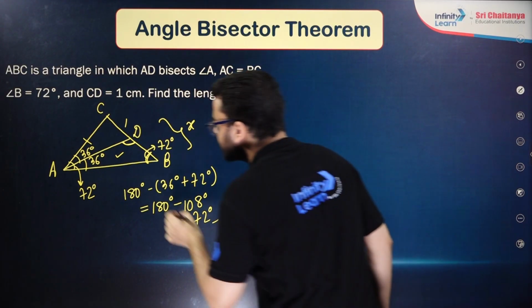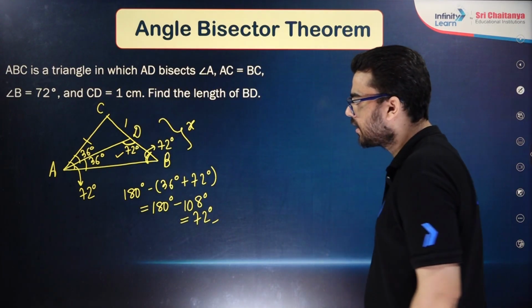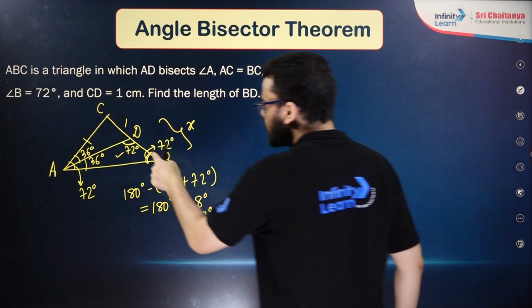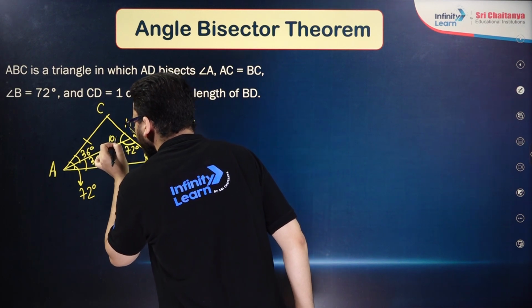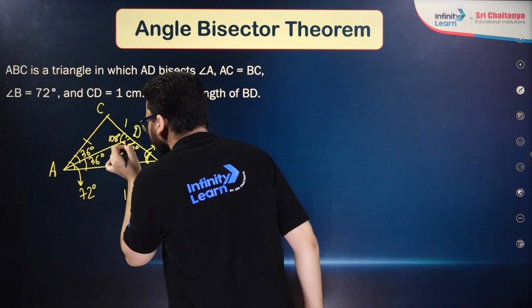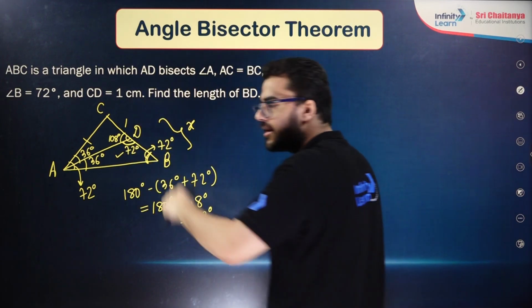So this is 72 and this is 72. Now if this is 72 over here, this angle will be 108 degrees. Why? Because these are forming a linear pair. The sum of these angles must be 180 degrees.